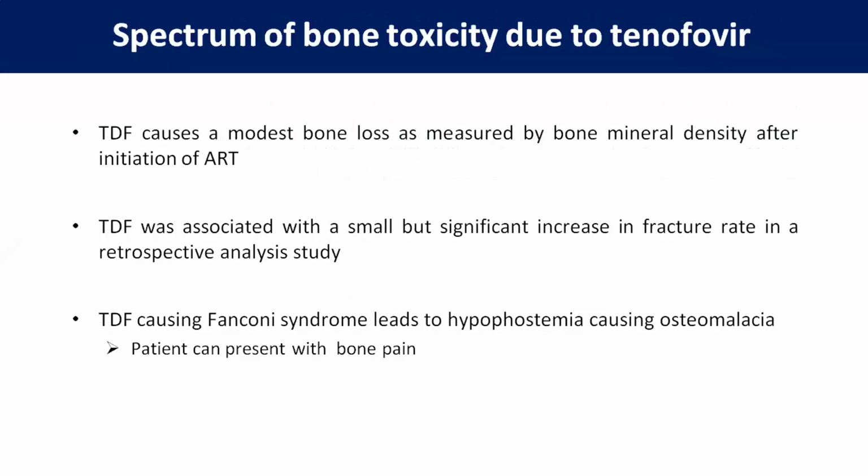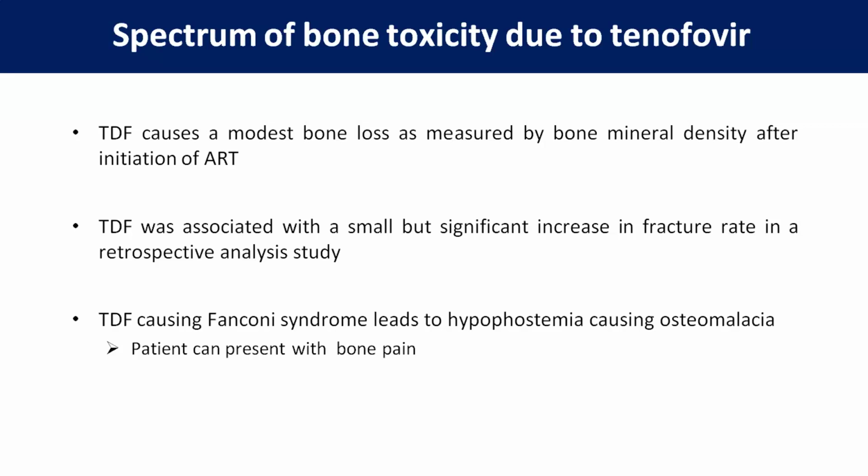Now, the spectrum of bone toxicity due to tenofovir: it can cause bone demineralization because there is hypophosphatemia and impaired calcium absorption through the GI tract. So there is hypocalcemia, more bone demineralization, and also osteoclastic activity is increased.